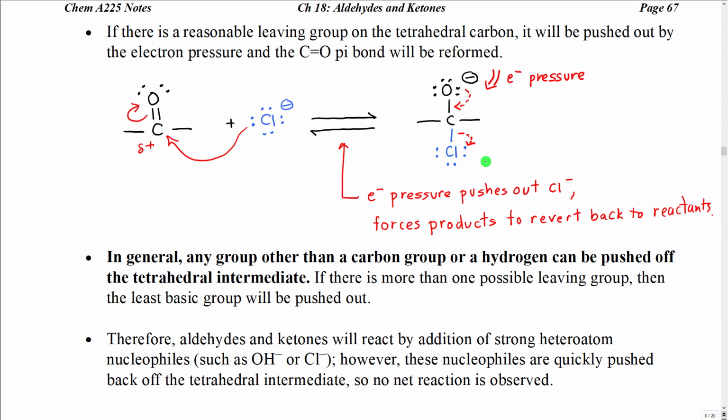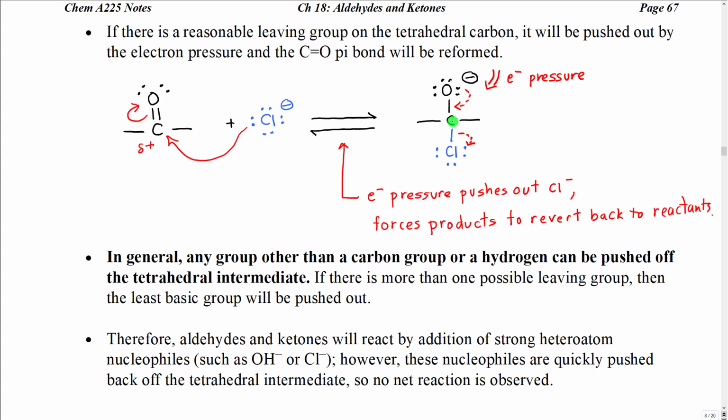Suppose we form a tetrahedral intermediate where there is a good leaving group attached to the carbonyl carbon. So for example, chloride, which is a reasonably strong nucleophile, could potentially make a bond to the carbonyl carbon, push a pair of electrons out of the way, and create this tetrahedral intermediate, where we have a negatively charged oxygen and a chlorine atom directly attached to the same carbon.